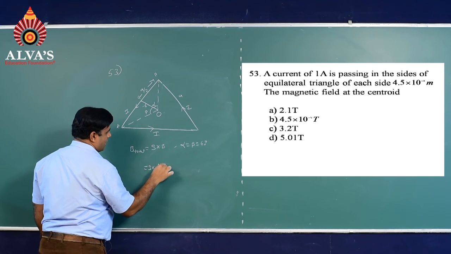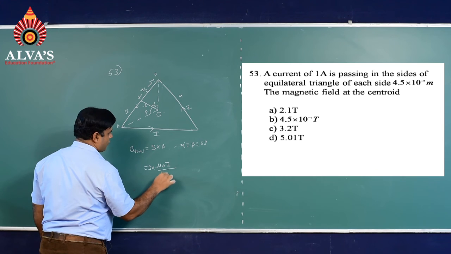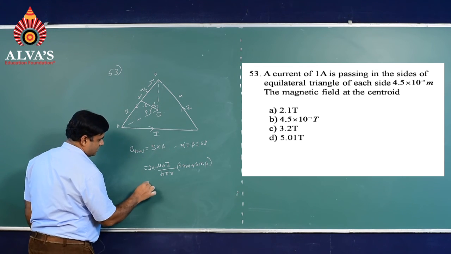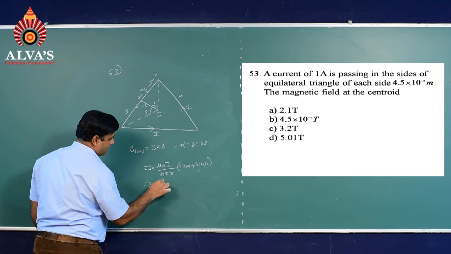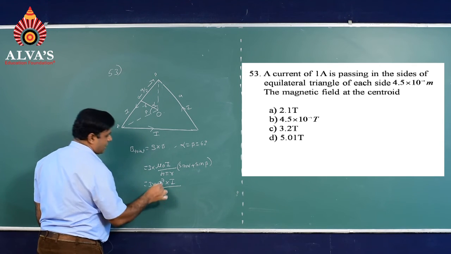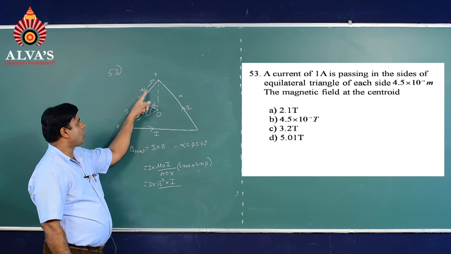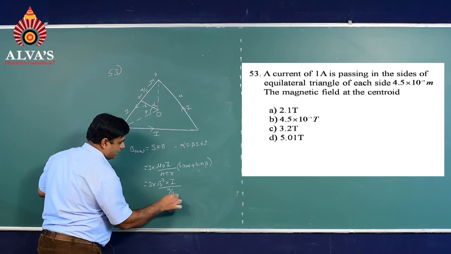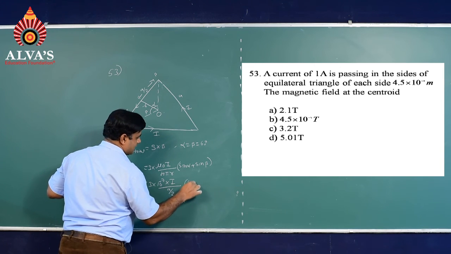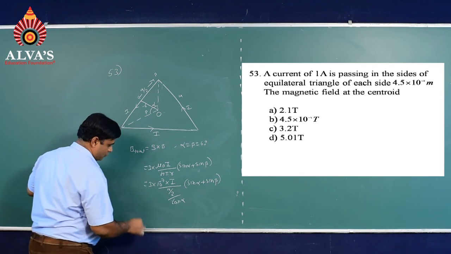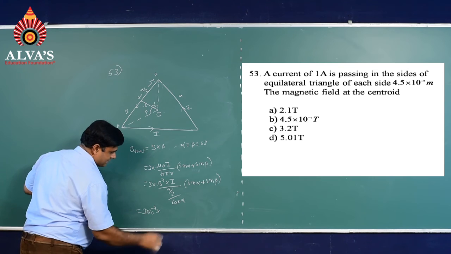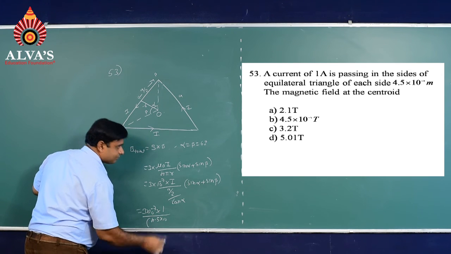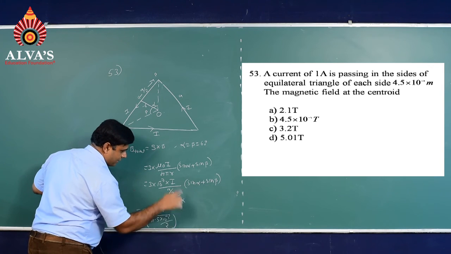The field is given by the formula mu naught I by 4 pi R into sin alpha plus sin beta, which is 3 into mu naught by 4 pi, which is 10 to the power minus 7, into I by R. R is nothing but, defining tan alpha as opposite side divided by adjacent, the adjacent is opposite by tan alpha, which is A by 2 divided by tan alpha, into sin alpha plus sin beta, which is equal to 3 into 10 to the power minus 7 into current equal to 1 ampere, A by 2 is 4.5 into 10 to the power minus 2, the side by 2, and tan alpha goes to the numerator.